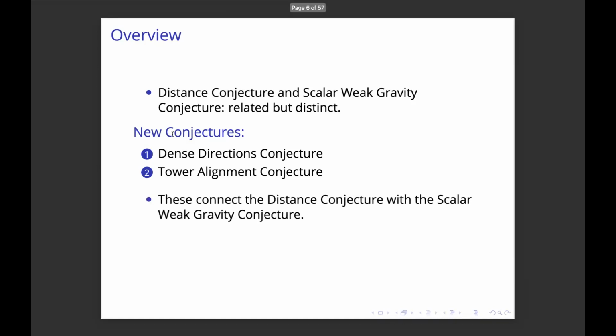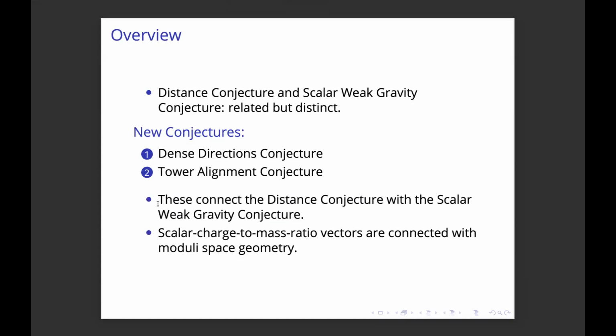So these two conjectures, I'm going to argue, reconnect the distance conjecture and scalar weak gravity conjecture for non-flat moduli spaces. Along the way, I will also highlight the role of scalar charge-to-mass ratios and how they are connected with moduli space geometry.